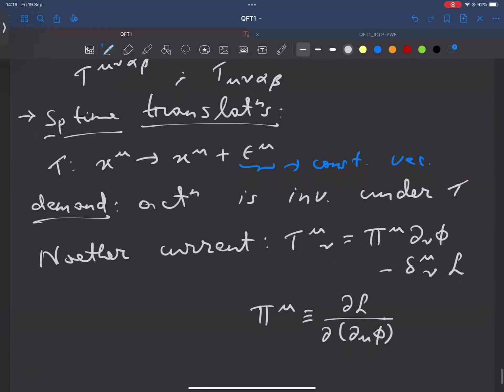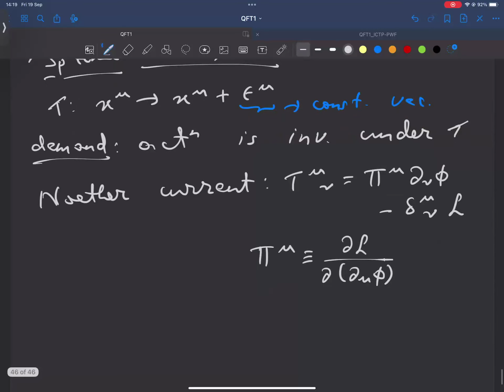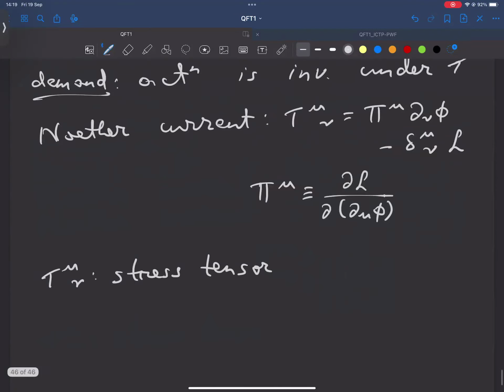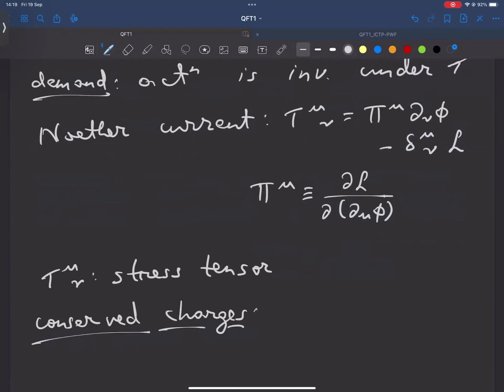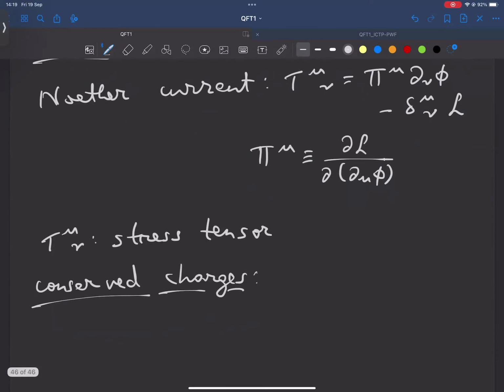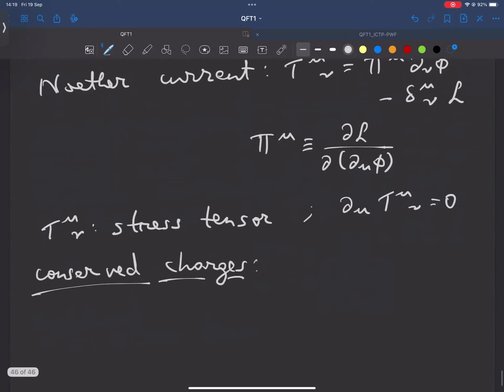Okay, so we had this quantity which we call the stress tensor. It's also called the energy momentum tensor. And then we said that the conserved charges for this quantity, so as we proved last time, this current was conserved, and then we can write down a continuity equation for it, and that gives us the conserved charges.